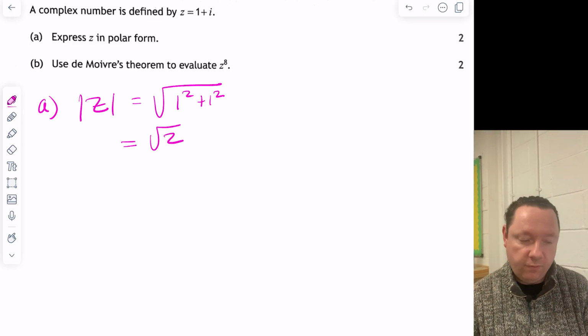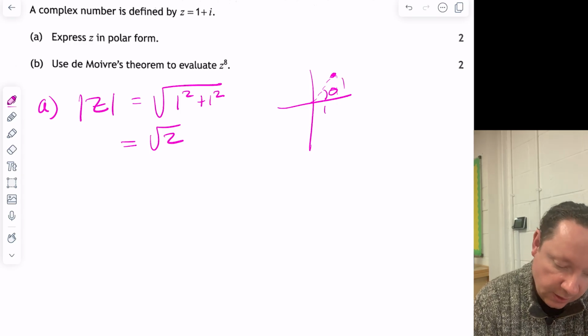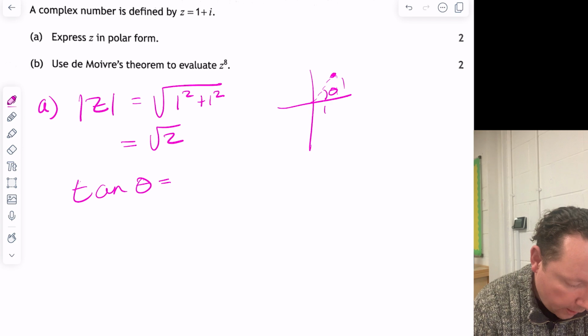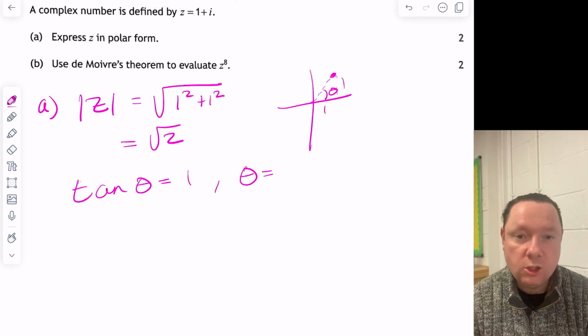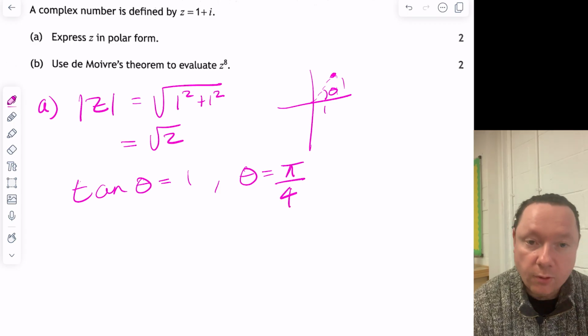And then we want to find tan theta, because remember, if you think of this on a diagram, you've got 1, 1 here, and you can imagine there's your theta there. So it goes along 1 and up 1. So that means that tan theta equals 1. And that means that theta is the inverse tan of 1, which is pi over 4, 45 degrees, because it's an exact value.